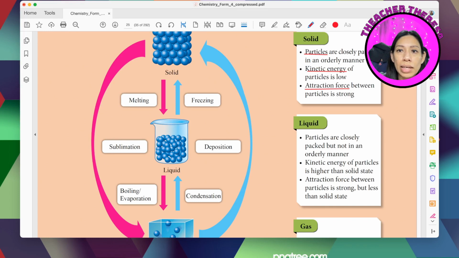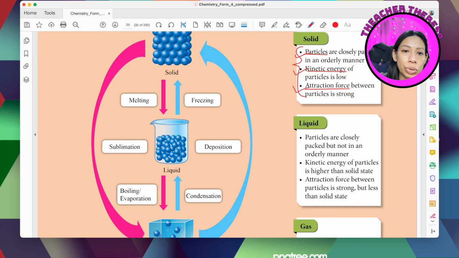So what is stated here is the characteristic of the solid particle itself. But what happens when the solid particles absorb energy? So that is different. So you need to talk about the particles. Once it's absorbed energy, the kinetic energy increases. When the kinetic energy increases, of course, the attraction forces between the particle decreases.